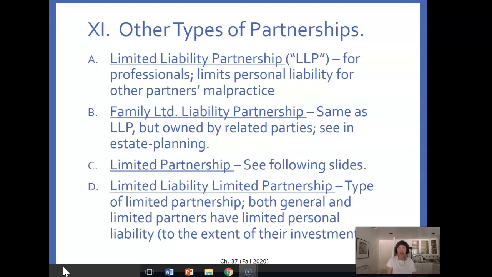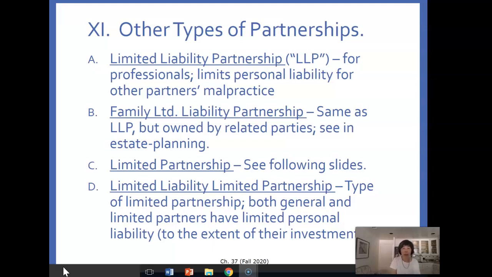All right, this last part 4 of chapter 37, we're going to take a look now at other types of partnerships. These are just variations on what we have already discussed regarding general partnerships. There are several other types of partnerships, but probably the primary one here is the limited partnership, which we'll spend a little bit more time on than the others.